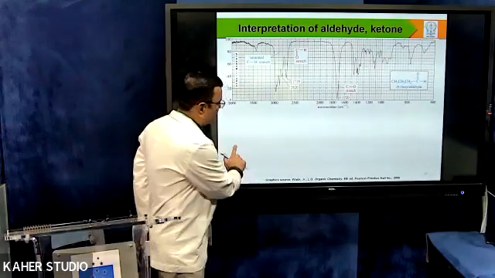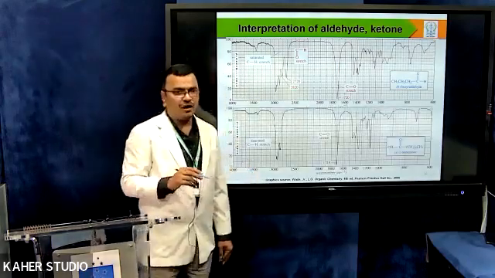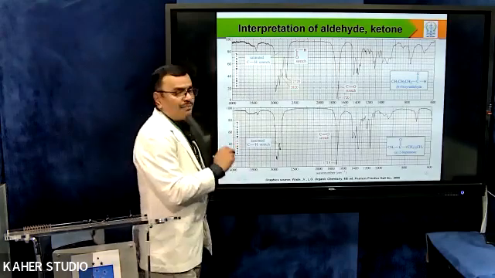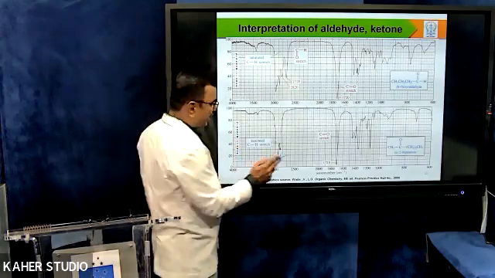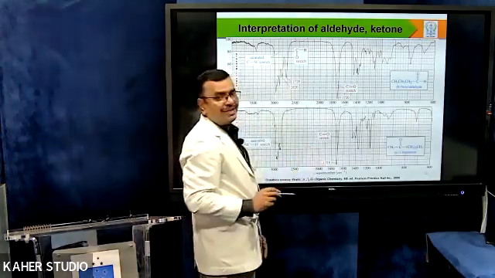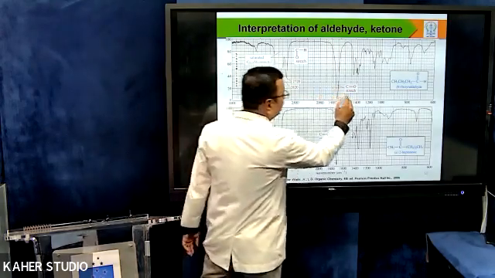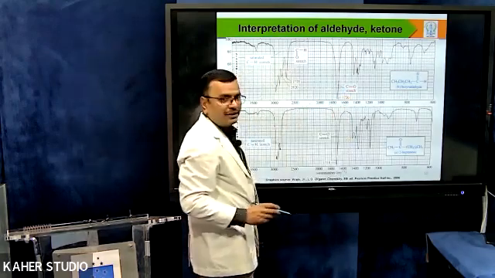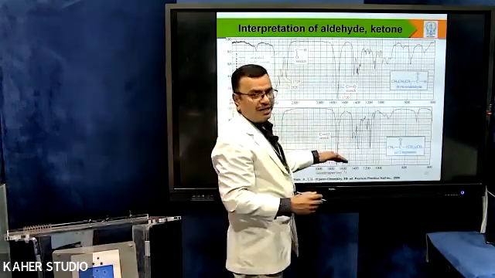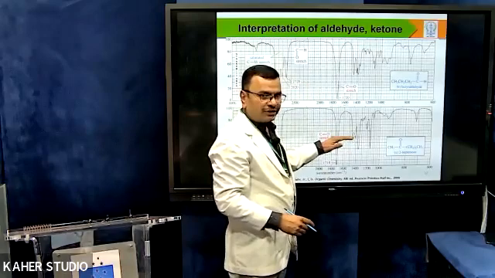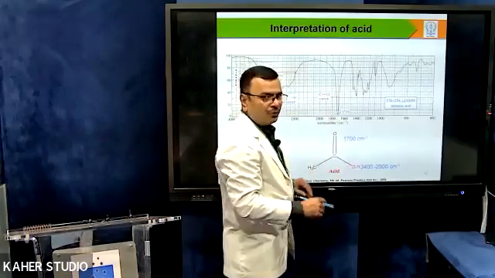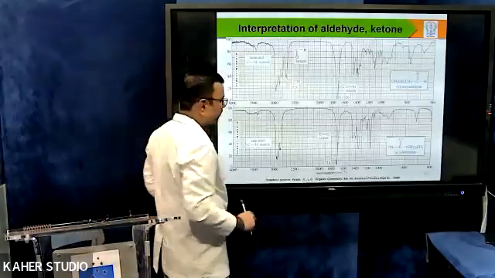Then, if you compare aldehyde and ketone, what am I going to get in a ketone? In a ketone also I am going to get around 1700 to 1720 reciprocal centimeter. Both have this in common. The carbonyl stretch in aldehyde and ketone is the same.